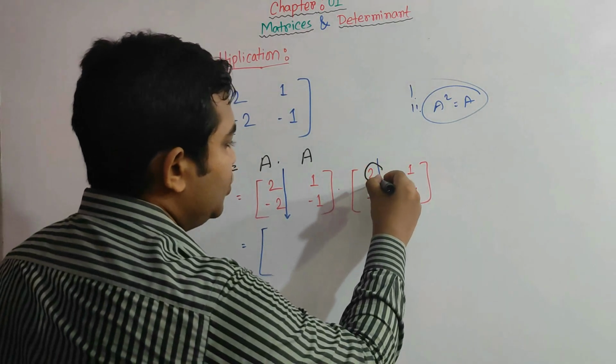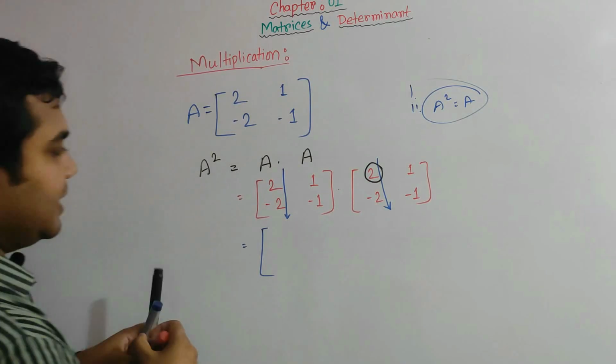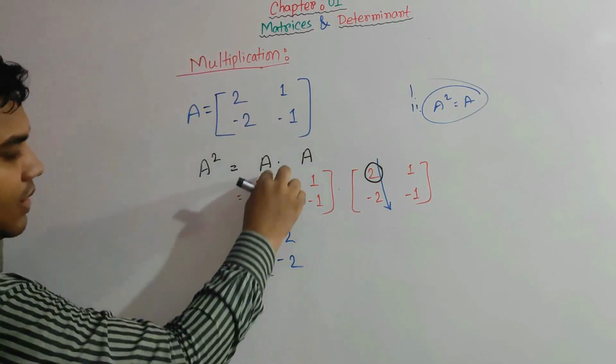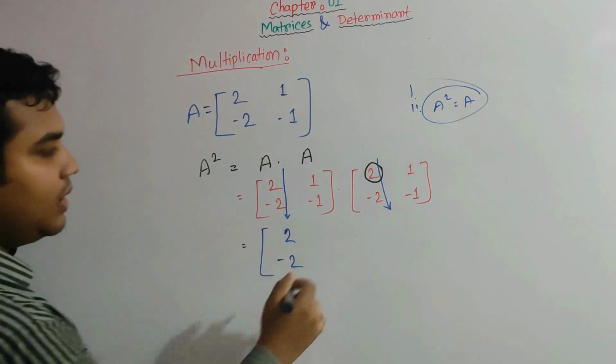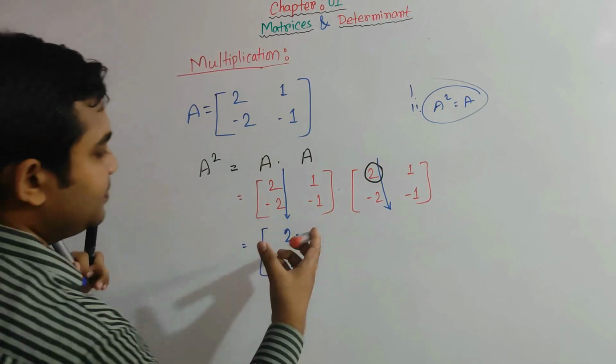That means 2 should be multiplied with the ith column. So directly we can write it here: 2, minus 2. Just write the first column as usual, then multiply it with 2.